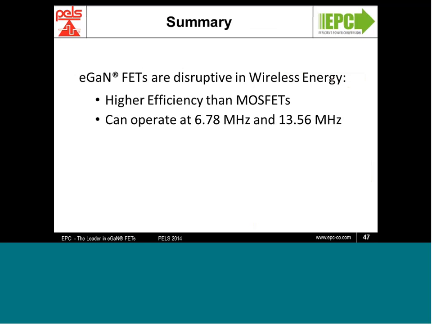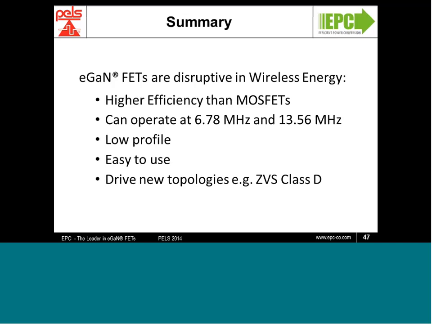They're also low profile, which, as we mentioned, is required for wireless energy, particularly in the commodities market with mobile devices. They're easy to use. They are just like a MOSFET, so they are fairly useful and easy. And we have a lot of material on our website that you can read up on to learn how to use them. They drive new topologies, and a good example is the ZVS Class D topology for wireless.